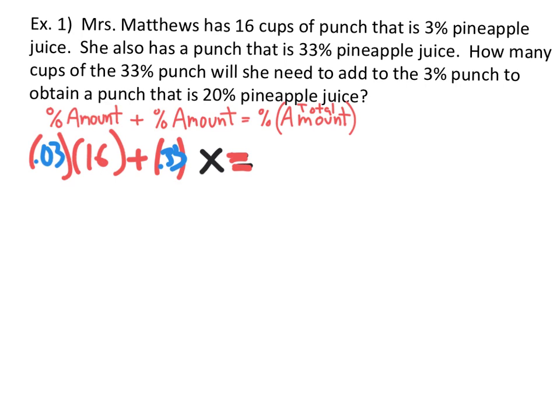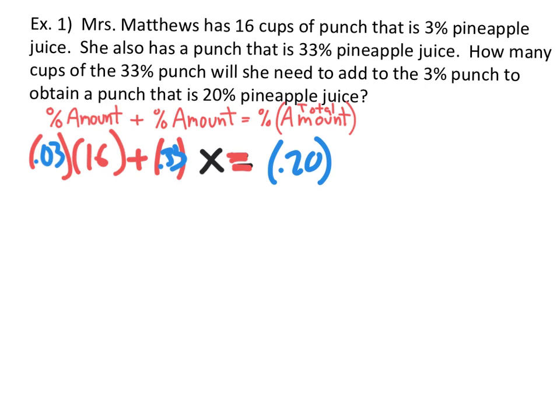If you keep reading this thing, it says how much does she need to add of the 33% to the 3% to obtain a punch that is 20% pineapple juice. So we want this weak tasting pineapple juice to get a little stronger by adding the stronger one, and we want it to be 20% strong. That's probably the best tasting pineapple juice. So we're going to make it 20% strong. Does that make sense?